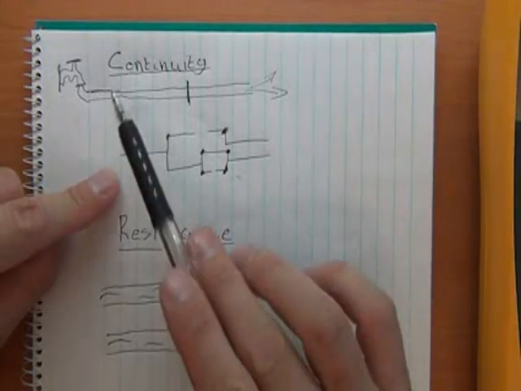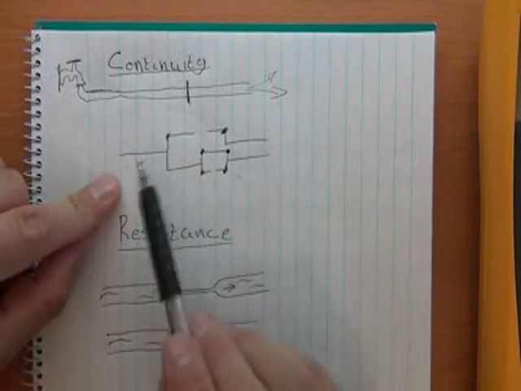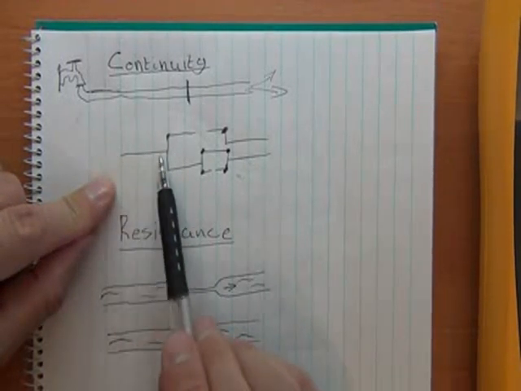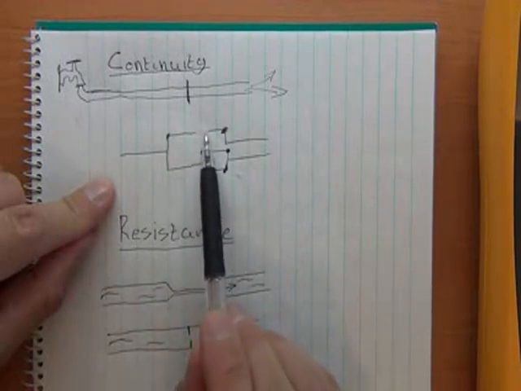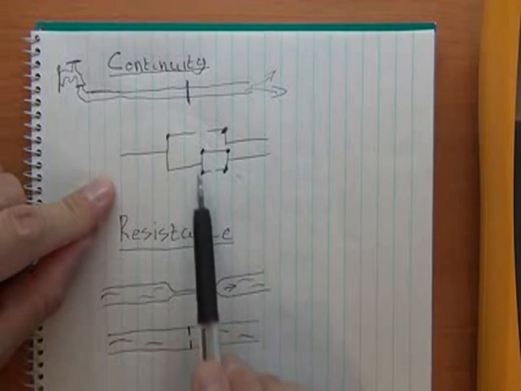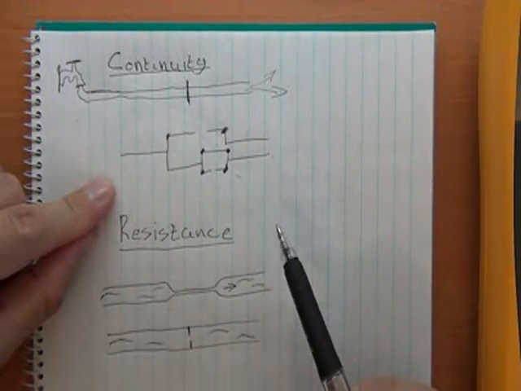Right, so going back to continuity, if this was an electrical circuit, so pretend this is copper wire on a circuit board, and we've got some points here, we've got a break over here, and we've got some components over here, and we've got a break here, and we've got 2 exit points over here.